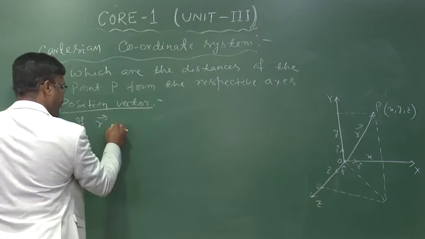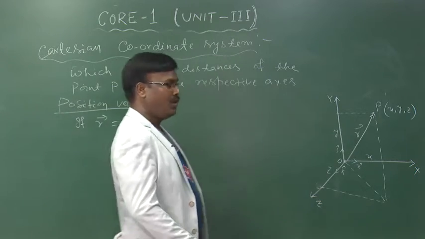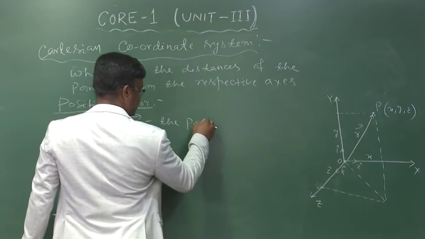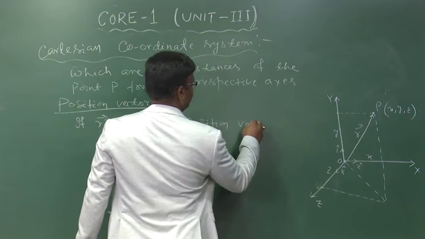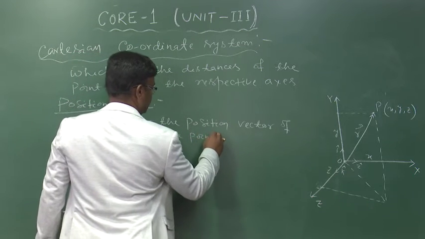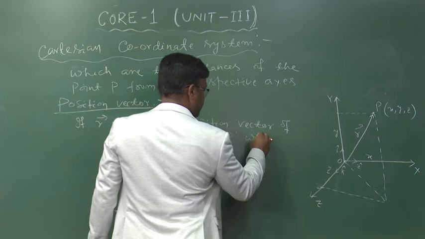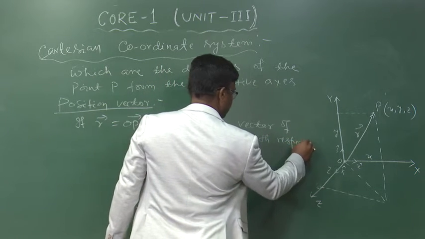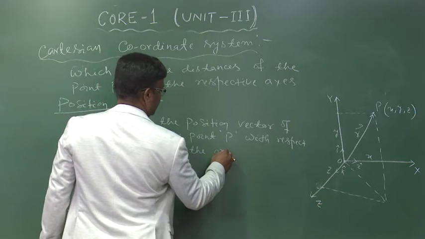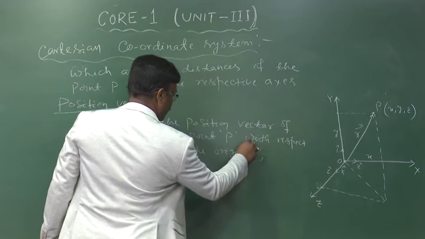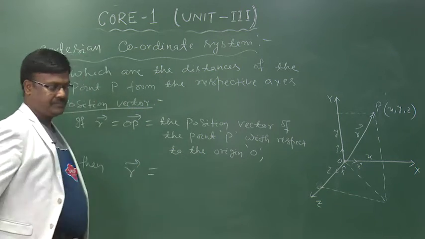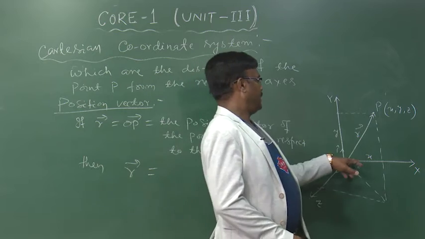If r vector is equal to OP vector, the position vector of the point P with respect to the origin O, then r vector can be expressed as follows.